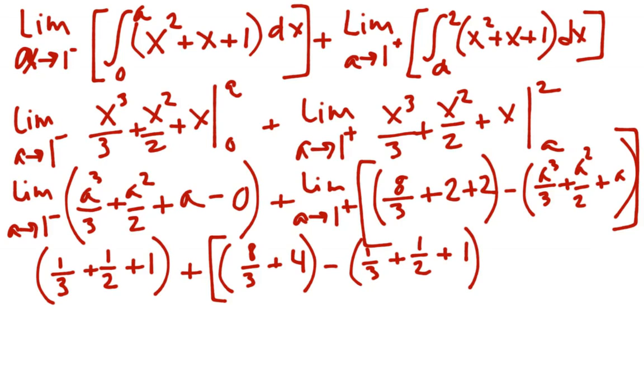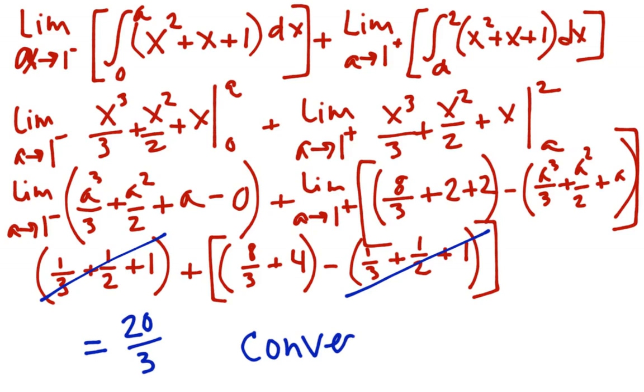Oh, that looks familiar. And what can I do? This and this cancel each other out, so I really have 8 thirds plus 12 thirds, right? That is 20 thirds, so it converges to 20 thirds.